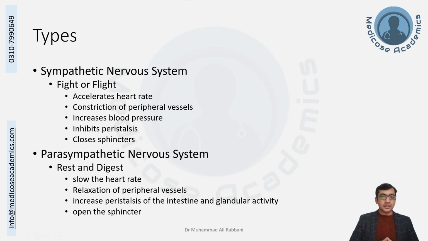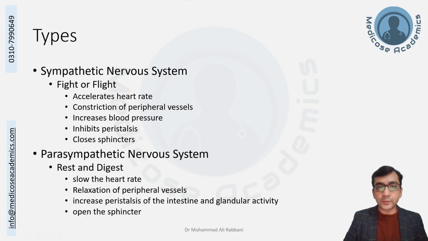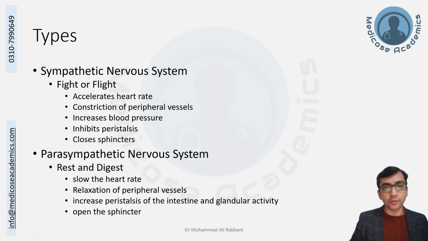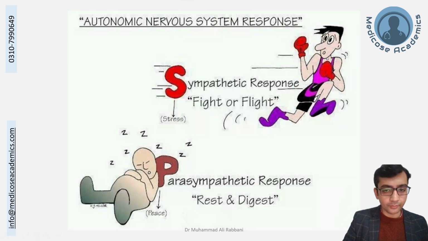And when you are relaxed, you just slow down, your heart rate drops down, blood pressure drops down, intestine peristalsis starts occurring, you feel hunger, your sphincters begin loosening, you want to go to the washroom now. Now these are the functions of the parasympathetic nervous system.